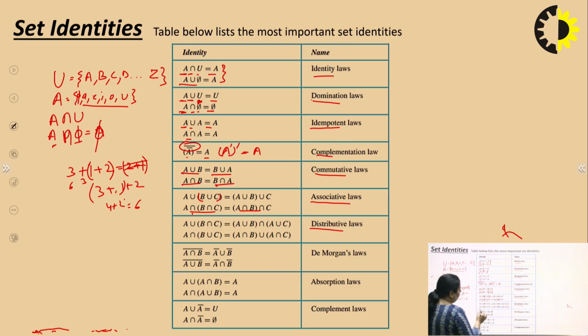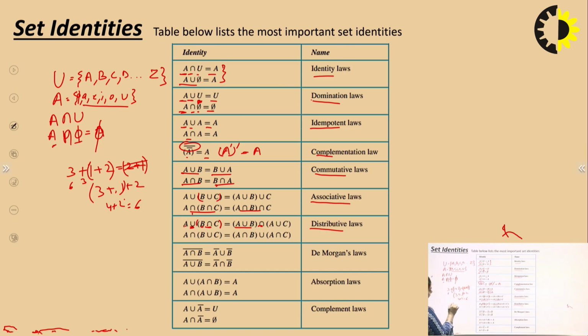Next one is the distributive law. What is the distributive law? If we have union outside and intersection between the parentheses, it is distributed to the inside variables. That is A union B, then intersection between them, and then A union C. It is like the BODMAS rule we apply.